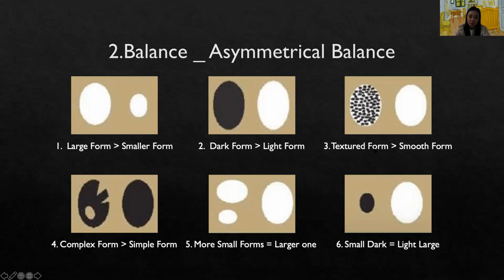Number three, a textured form is visually heavier than a smooth form of the same size. Number four, a complex form is visually heavier than a simple form of the same size. Number five, two or more small forms can balance a larger one. And the last one, a small dark form can balance a large light one.